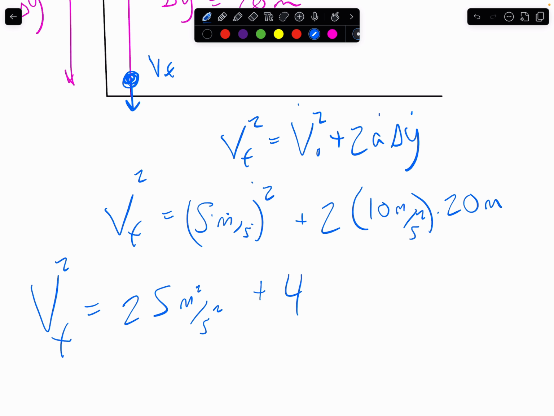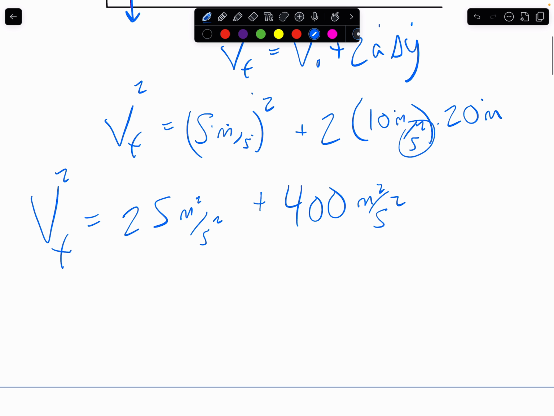So that's plus 400. The dimensions are, well, a meter times a meter is a meter squared, and downstairs is seconds squared, which is a good thing, because to add quantities, they have to have the same dimensions. So V final squared is equal to 425 meters squared over seconds squared.